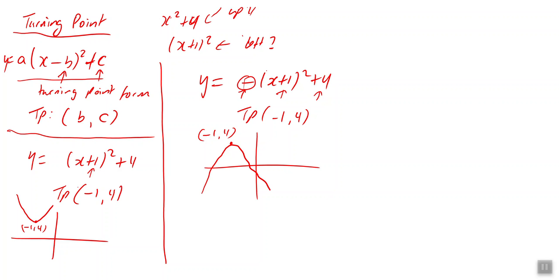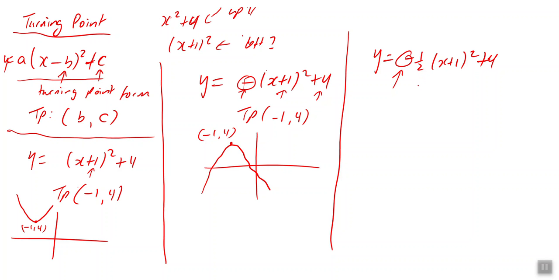If I want to get really complicated, I could do something like this. If I want this graph, I know it's a frown because we've got a negative at the front. We also have the complication of being fatter, and the turning point is still (-1, 4).